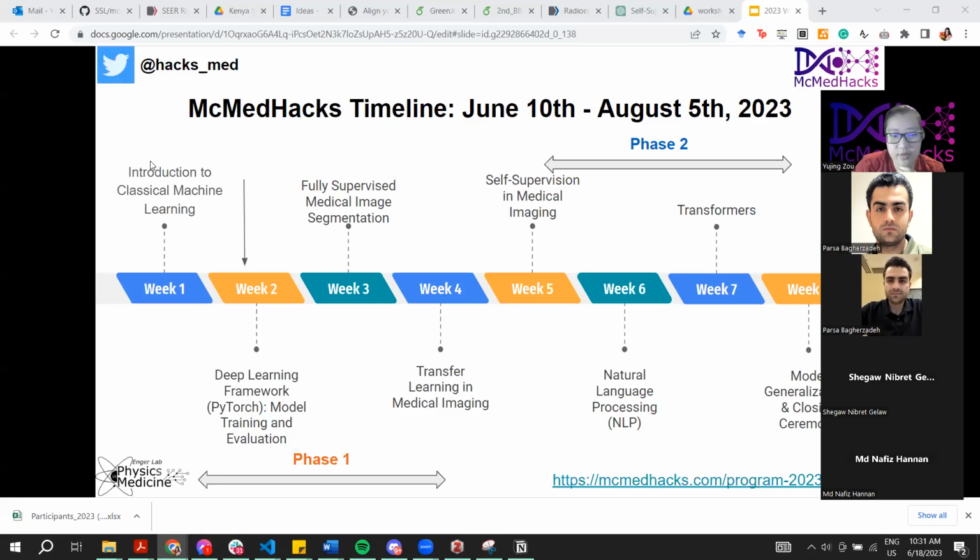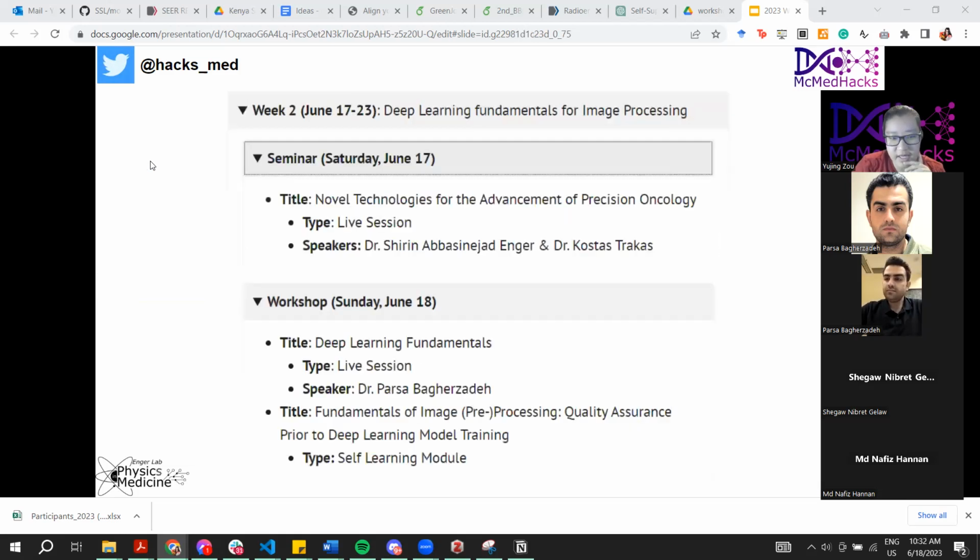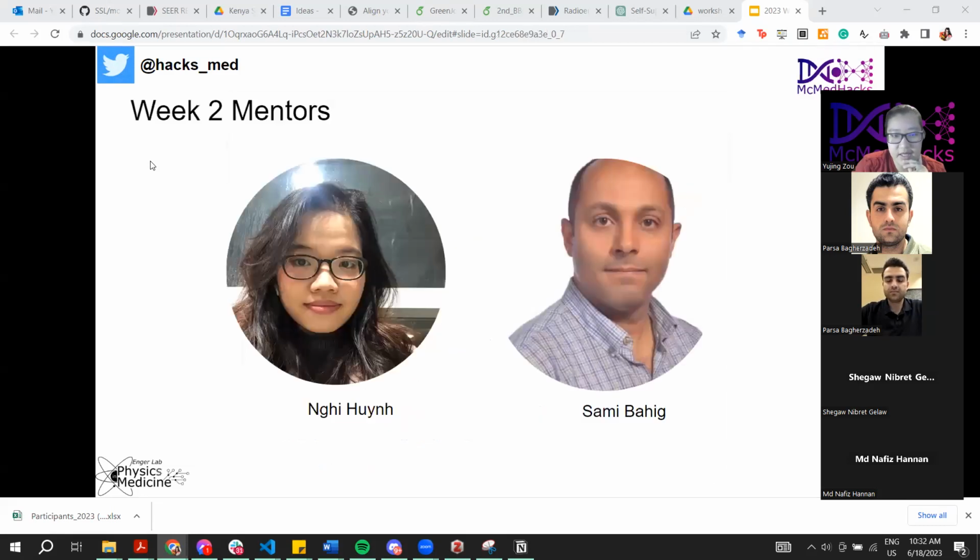So just to let you know, we're in phase 1 of the summer school, week 2, and right now introducing the deep learning framework, PyTorch, more specifically the building of neural networks and the fundamentals of all that, training, evaluation, just the workflow in PyTorch today. So this is where we're at in terms of the entire workshop.